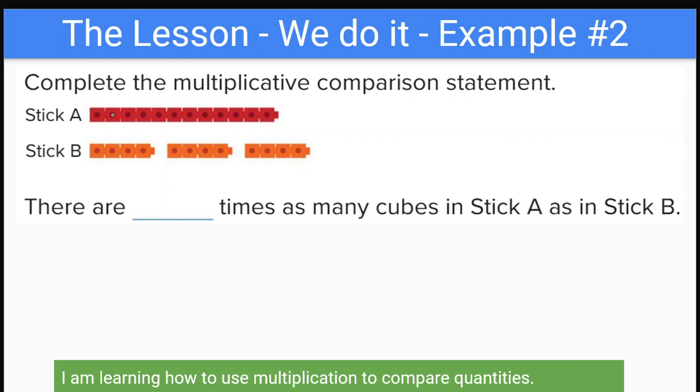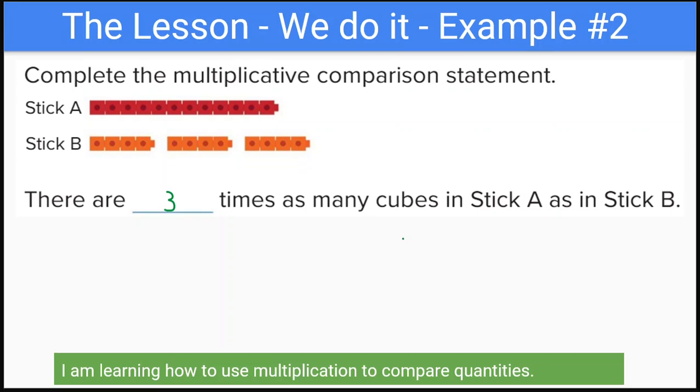Okay, well, and that's going to equal this up here, which is 12, right? So we can say there are 3 times as many cubes in stick A. This has 3 times as many as each one of these down here, because each one of these is worth 4. All right, kids, right now you're learning how to use multiplication to compare quantities.